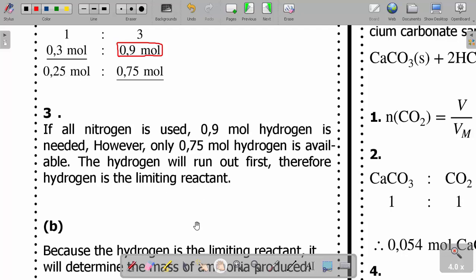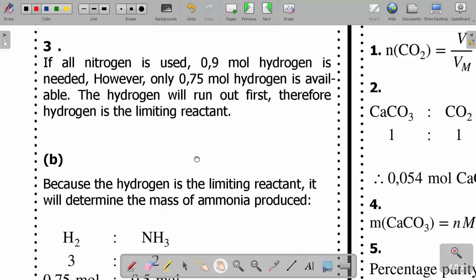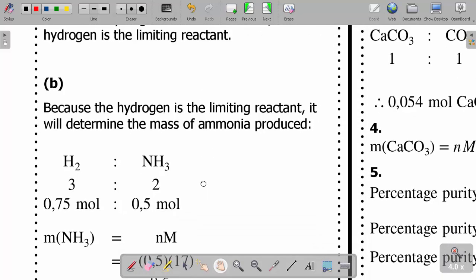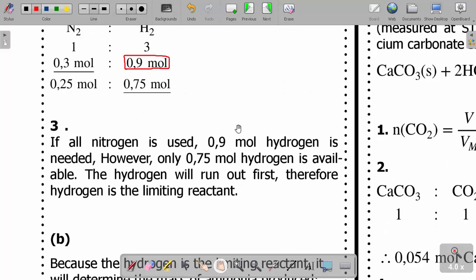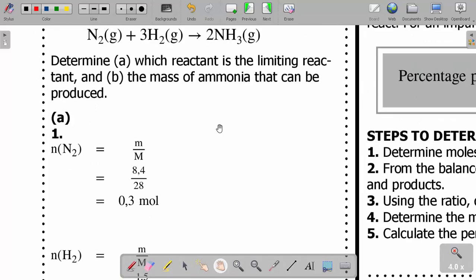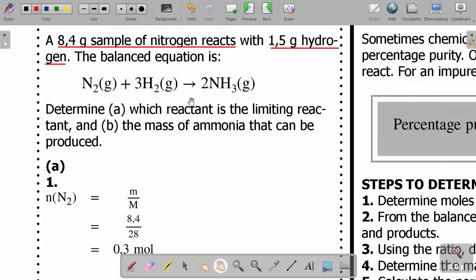Hope we are together. And because the hydrogen is the limiting reactant, it will determine the mass of ammonia produced. So if you look at our equation again, the mole ratio of hydrogen to the ammonia is 3 to 2. Let's check it once again. 3 to 2. How do we get it? We get it from here, guys. This is 3 to 2. So because hydrogen is a limiting reactant, I must use hydrogen and ammonia ratios to get what's going to be produced.